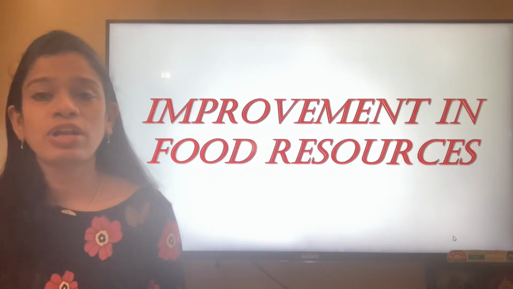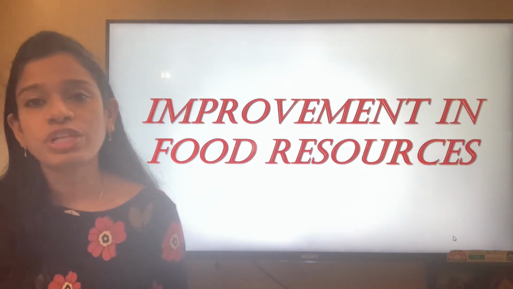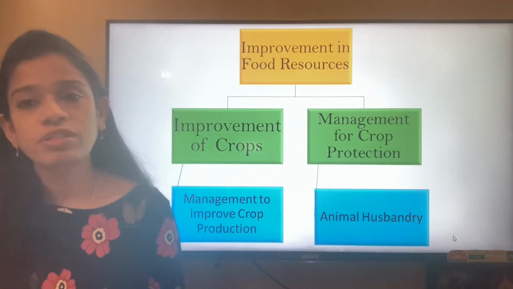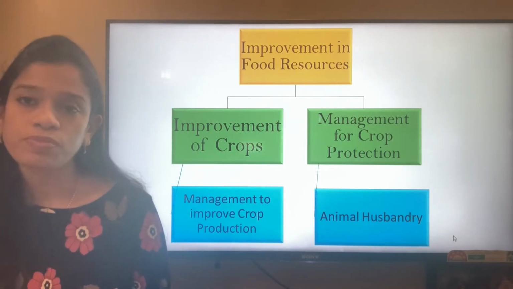So let's understand exactly how we are going to deal with the improvement in the resources. When we talk about the improvement in food resources, the first thing we have to do is improvement of the crops.